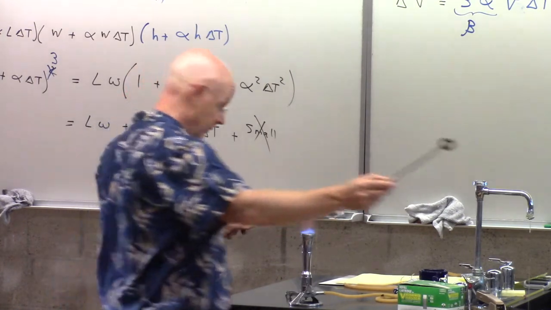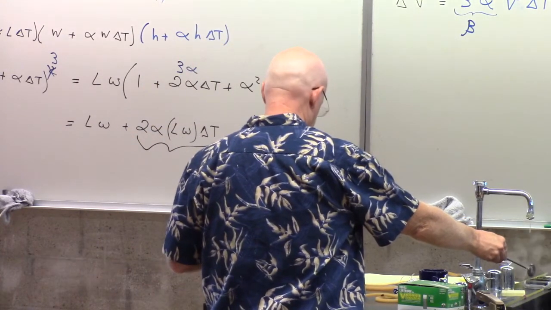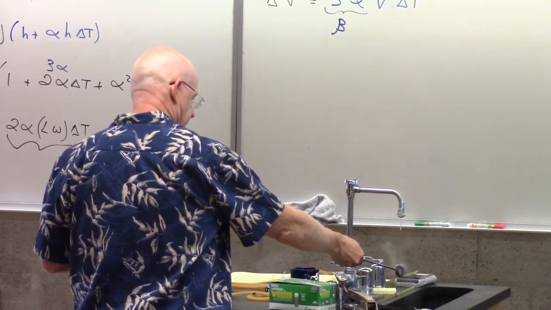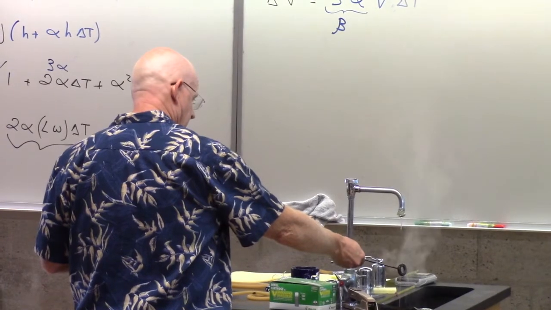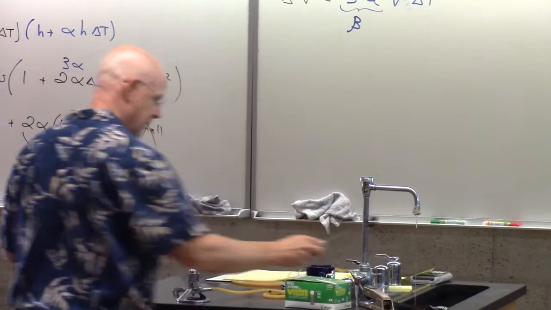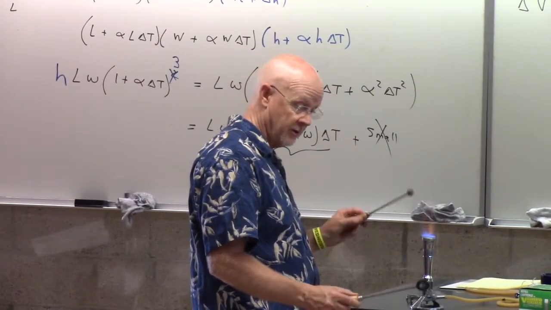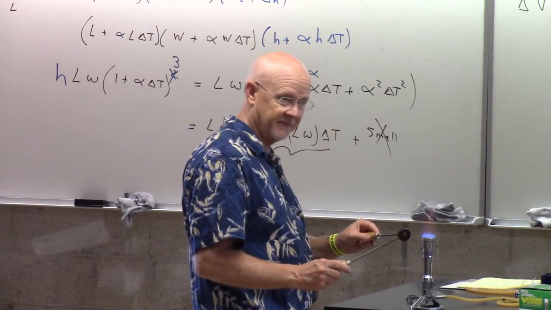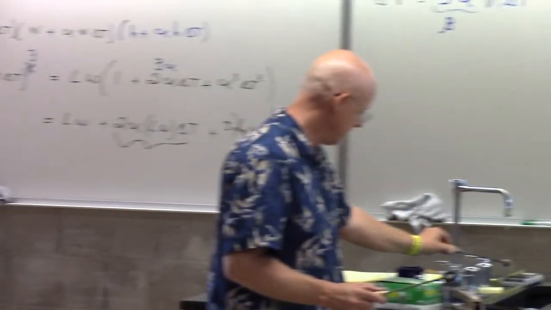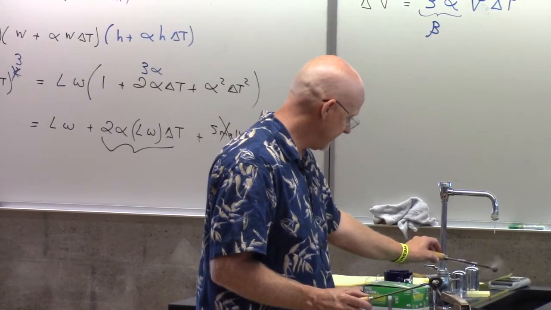Again, I'll leave the sphere warm. I'll cool down the ring. And when I cool down the ring, the hole actually gets smaller. Okay? So cold ring, warm sphere, doesn't fit. And of course, if we go back to room temperature, ooh, this thing's really warm.